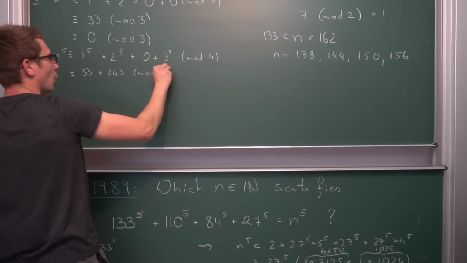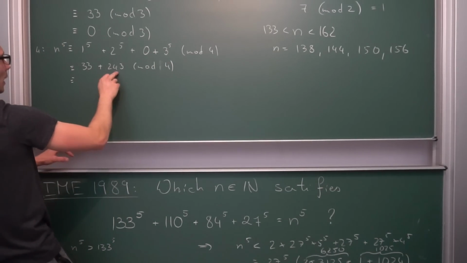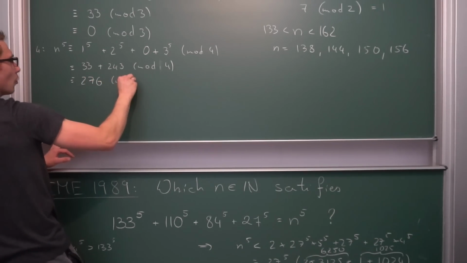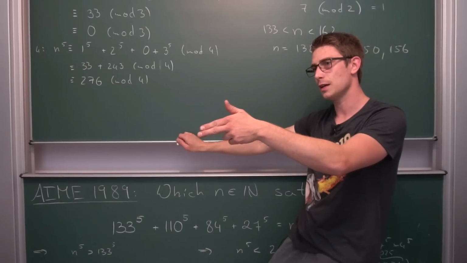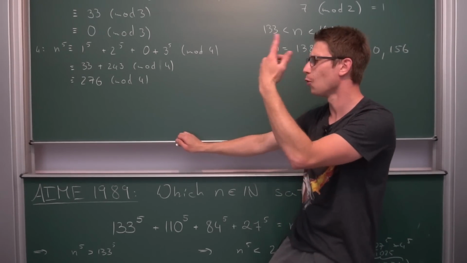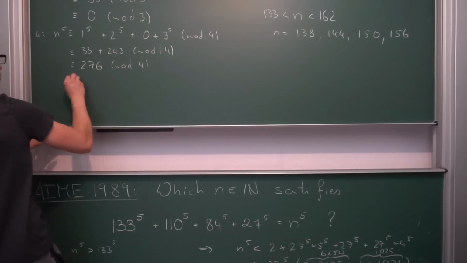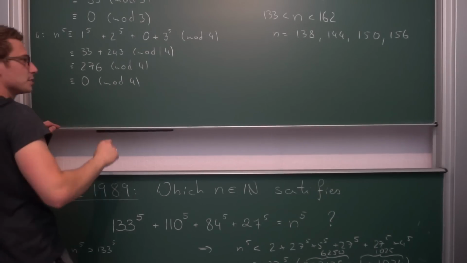Modulo 4, or in other words, this is congruent to 276 modulo 4. Now 276, 280 is divisible by 4, meaning 4 less than 280 is 276. It's congruent to 0 modulo 4. Okay, good job. Meaning it's also divisible by 4.